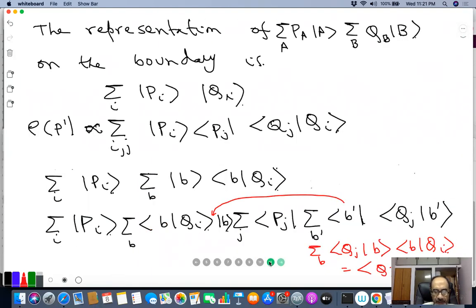Any other question? Okay, so let me write this formula again.